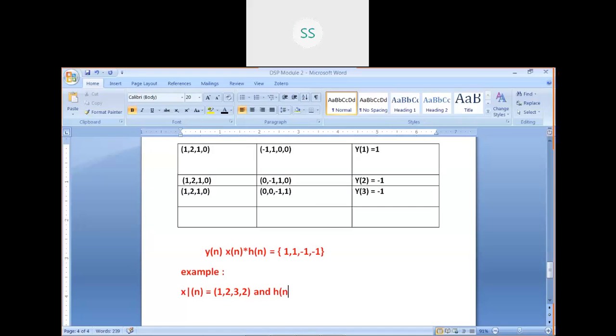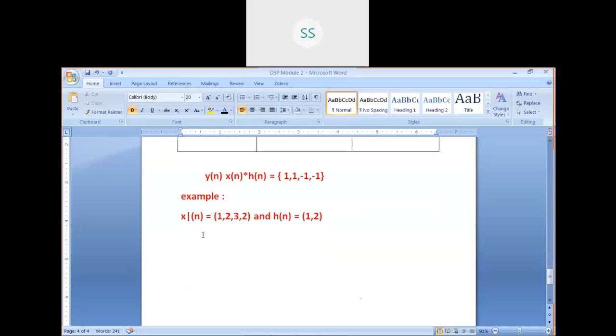And your h of n sequence, you take something simple. For example, if you take 1 2 only, then what happens? Here m is equal to 5 and n is equal to 2. Just solve this problem.